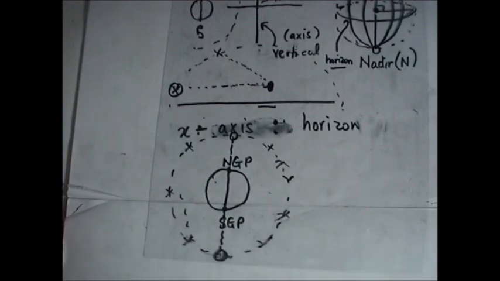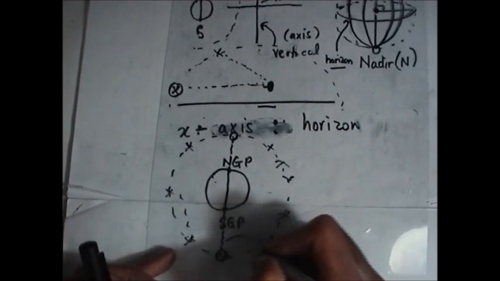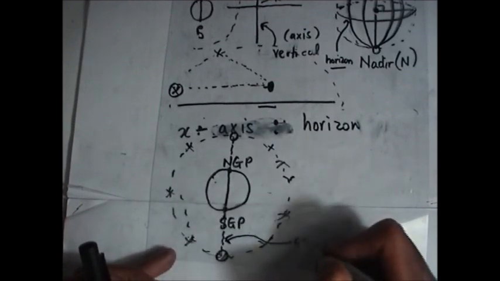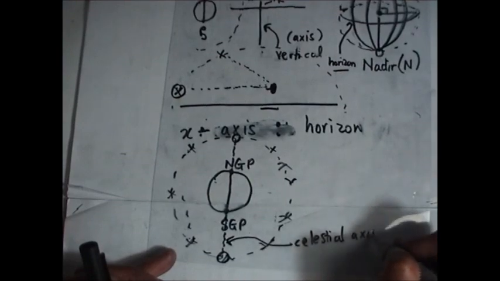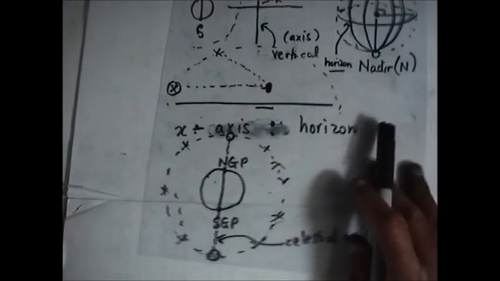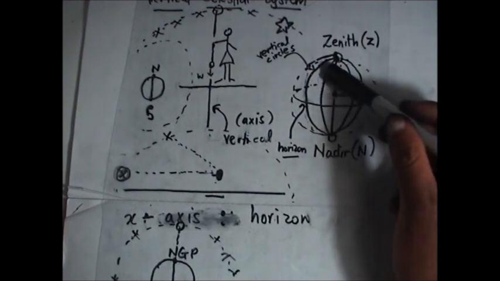So now the extended axis is called the celestial axis. This celestial axis is different from the vertical line that we drew here, because this vertical line depends on the observer.